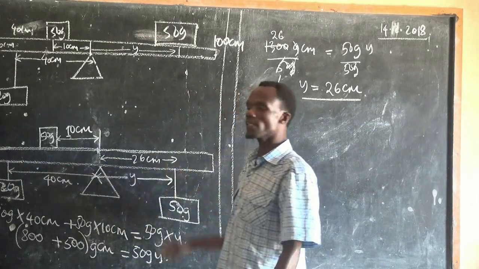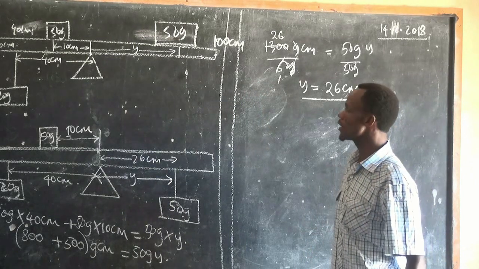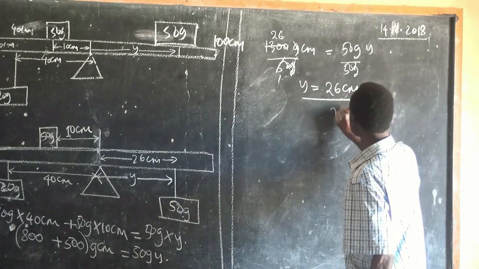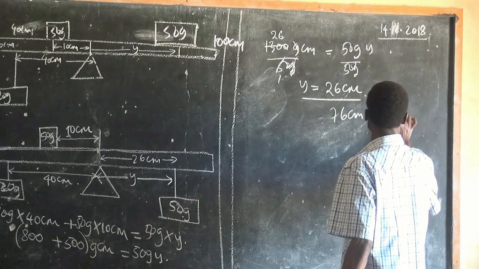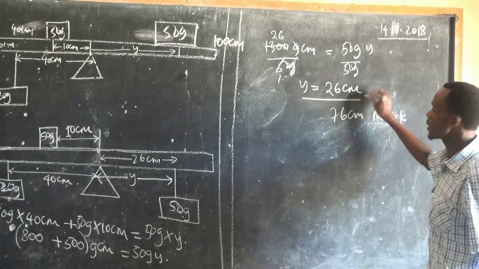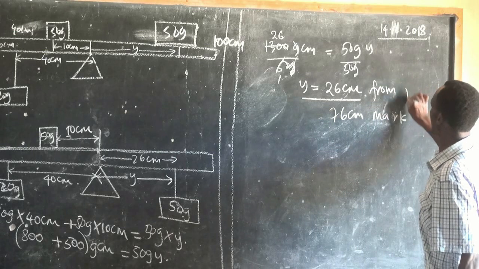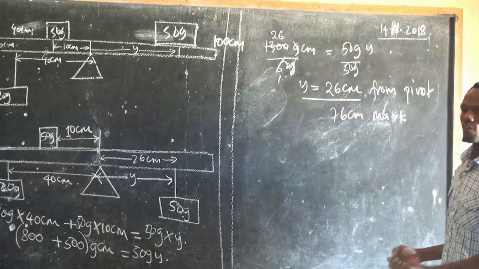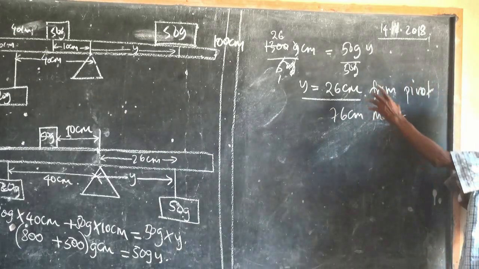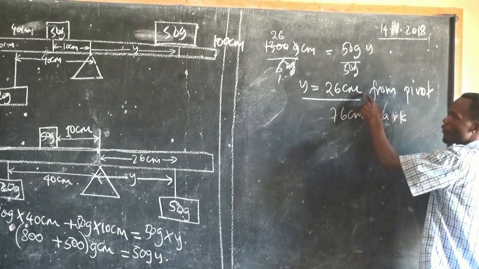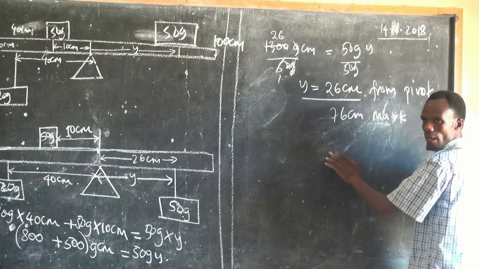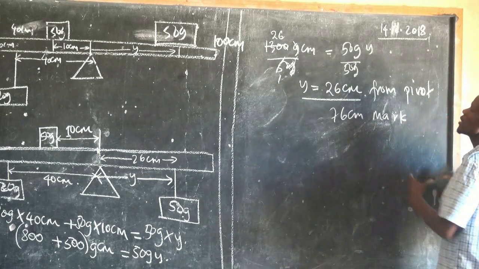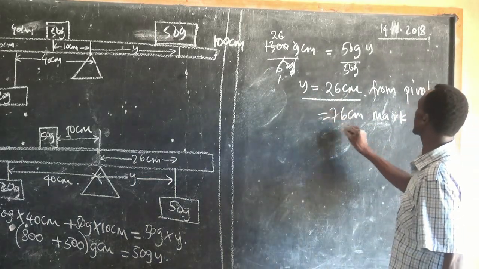Now 50 plus 26 is the 76 centimeter mark. This is the mark, but it is 26 from the pivot. If somebody asks the distance from the pivot, you say 26 centimeter from the pivot. But the mark where the mass is placed, you say, is the 76 centimeter mark.